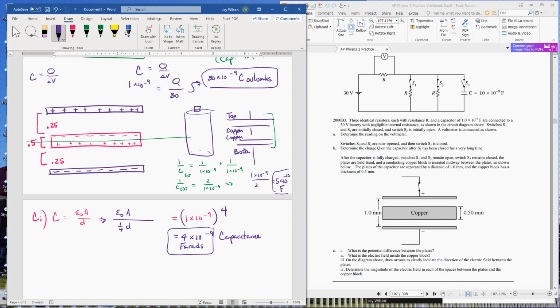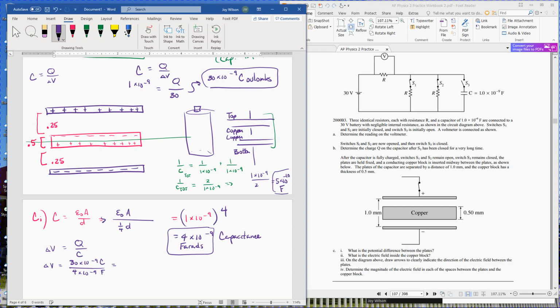So now what's the voltage? Well, change in voltage equals Q over C. And this number did not change, so where were we? We had 30 times 10 to the negative 9th coulombs on top. Our new capacitance is 4 times 10 to the negative 9th farads.